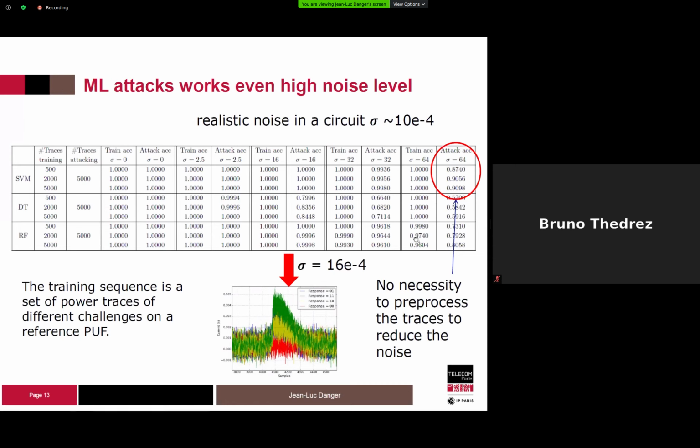You can clearly see in the table, especially on the right side, that the attack accuracy is still very high with a very high level of noise. That means there is no need to preprocess the trace to reduce noise. So machine learning can work even with a very high level of noise, and it's very efficient. And even if the PUF is protected with obfuscated challenges, for instance, the attack is still possible.